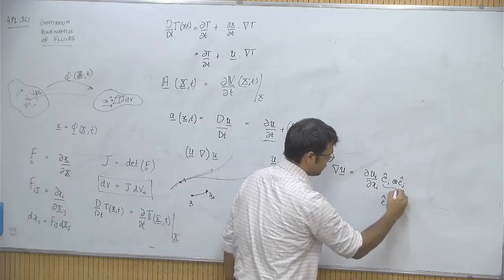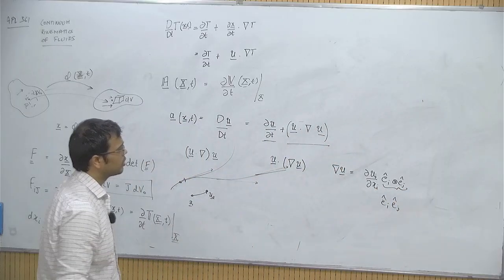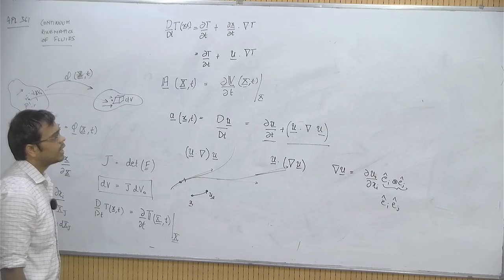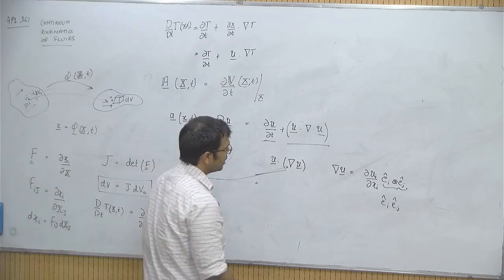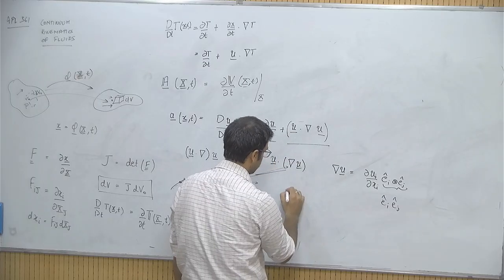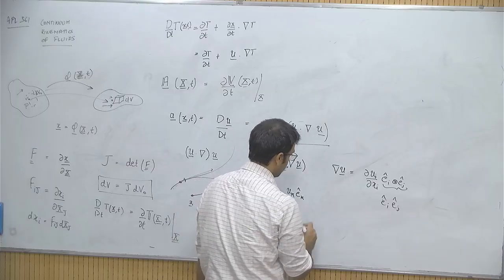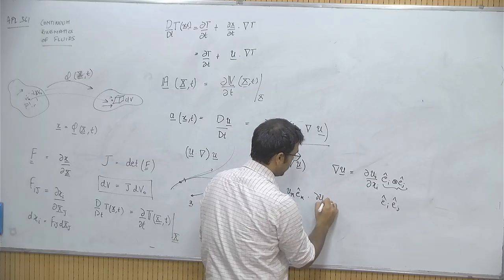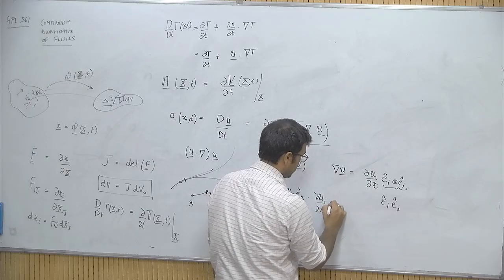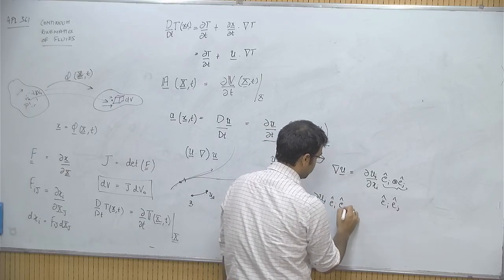So this is the definition of your gradient of velocity. And in index notation, if we try to simplify this term, what do we get? So we are going to write uk e_k · ∂uj/∂xi e_i e_j.